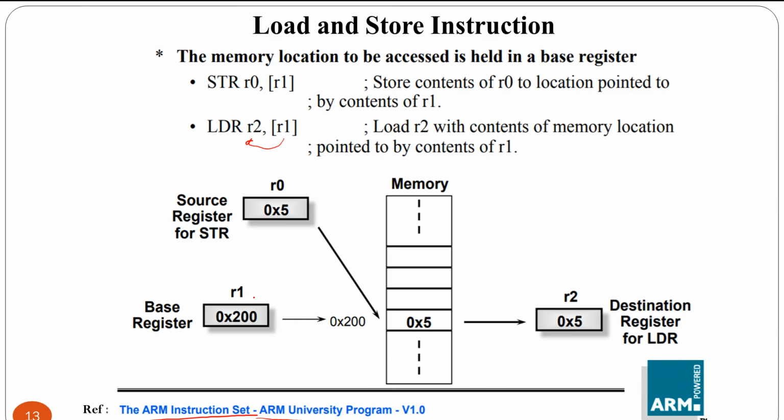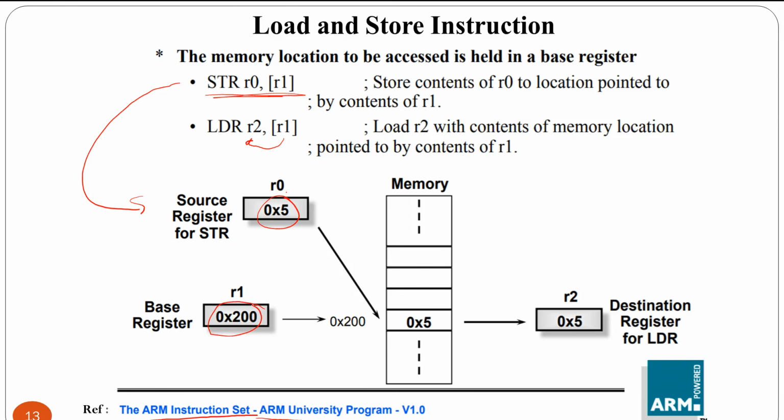If we execute store r0 comma r1, then the store instruction will put the data available inside r0 register into the location pointed by r1, not into the r1 register itself.